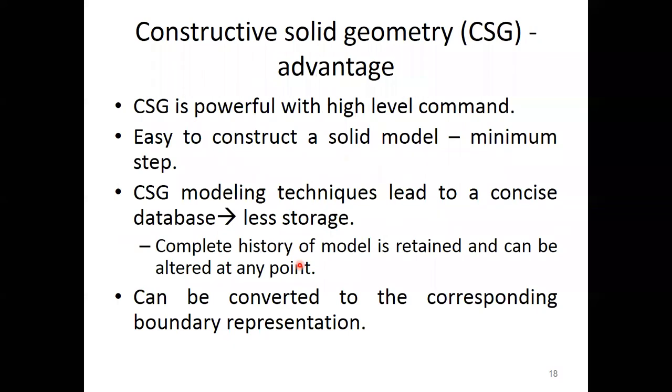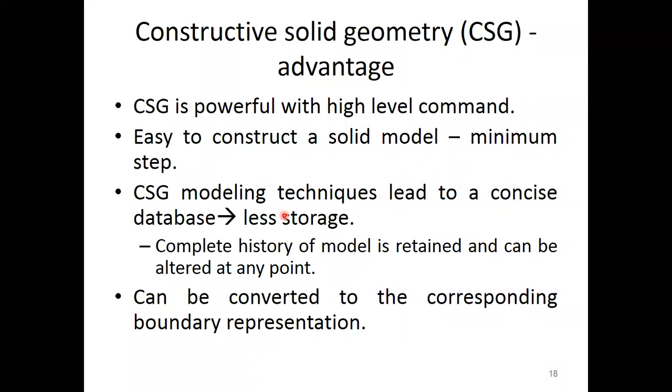The advantage of CSG is it is powerful and we can generate very easily the required solid. Easy to construct a solid model with minimum steps. CSG modeling techniques lead to a concise database, meaning very less storage is required. So primitives are already built-in functions and union operations are already built-in functions.